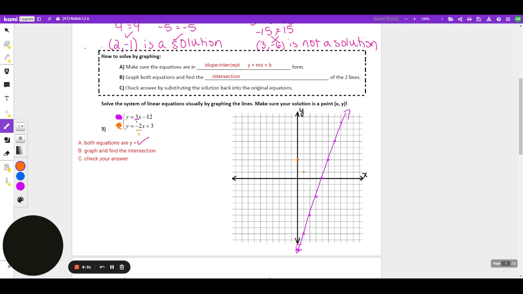I only want one of those to be in the negative direction. So since I'm already going down 2, I will go right 1. And then in the opposite direction, if I'm going up 2, I'm going to go left 1.